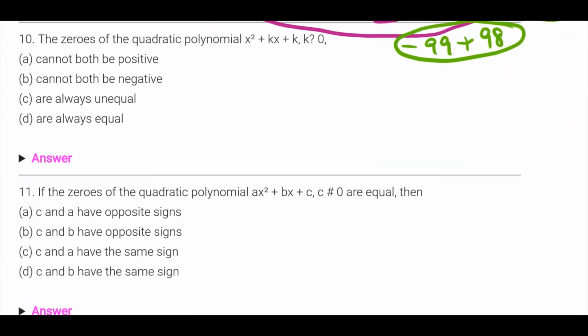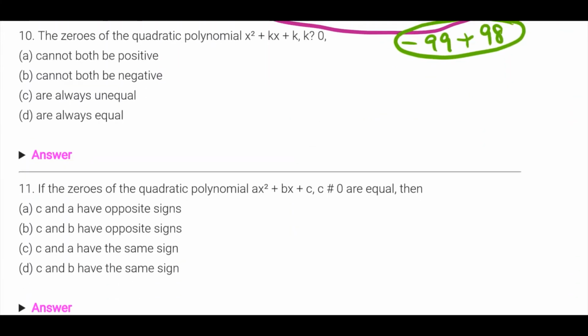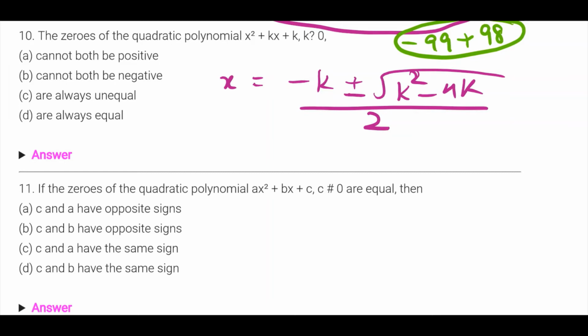Next, 10th question. The zeros of the quadratic polynomial x square plus kx plus k. It's like the previous problem, so we'll apply the quadratic formula again: x equals minus k plus or minus root of k square minus 4k, by 2. If k equals 1, the roots will be imaginary, so there are no real roots.